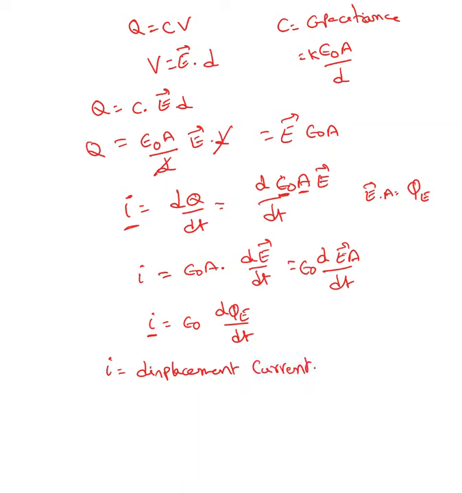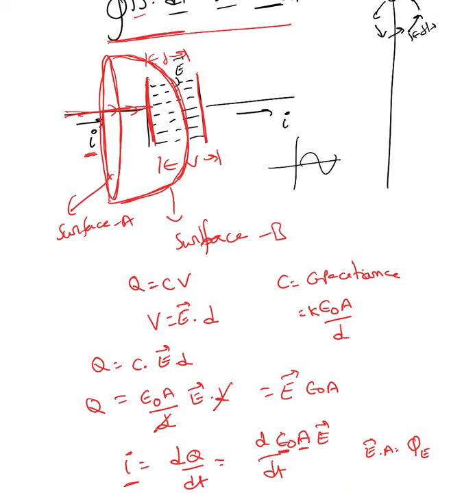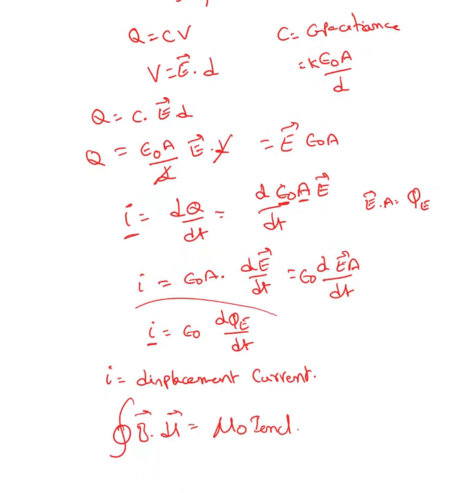Now if I use Ampere's law, the integral of B dot dl equals mu naught times I enclosed, right? If you look at the second surface, what is the current? That current is nothing but this alternating current.